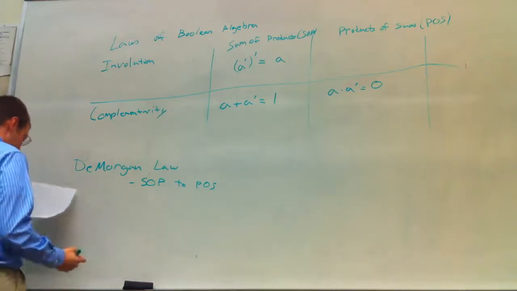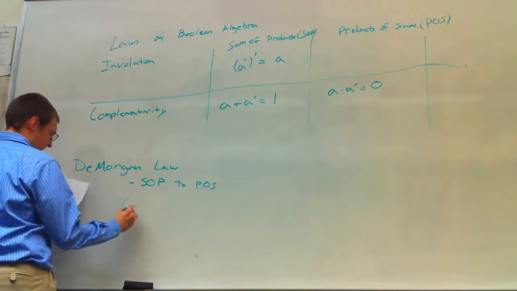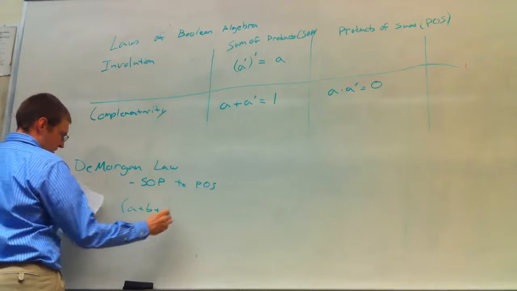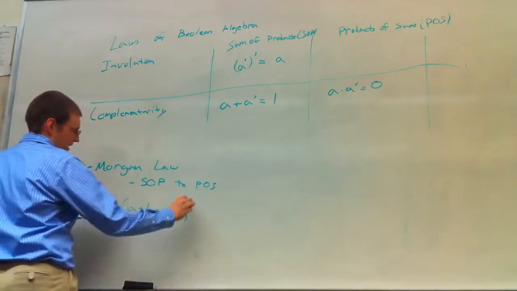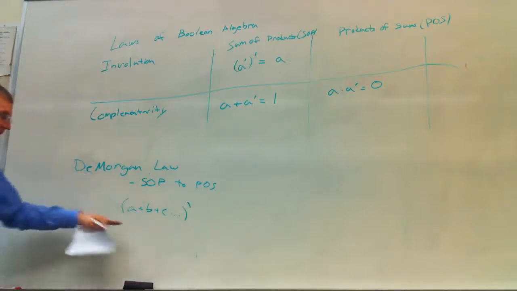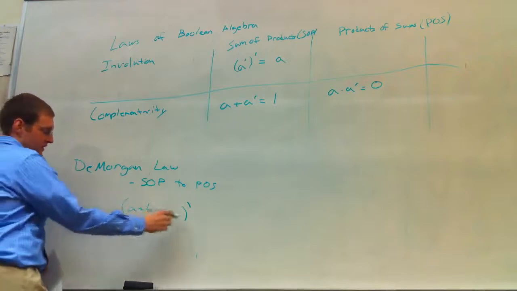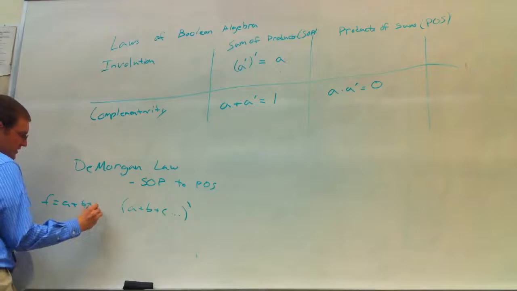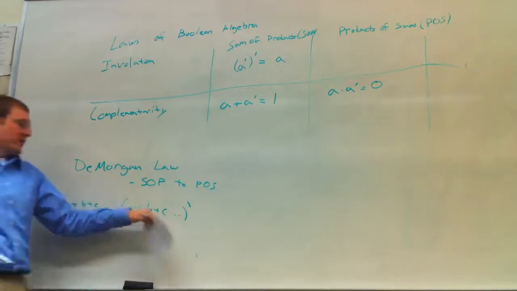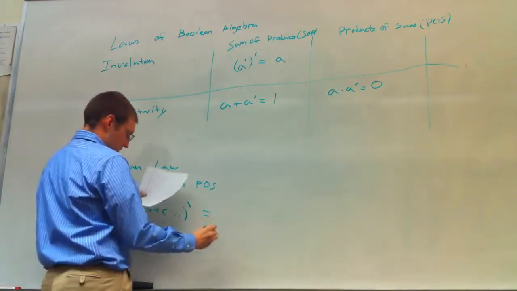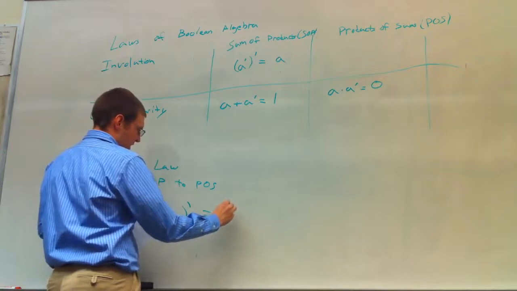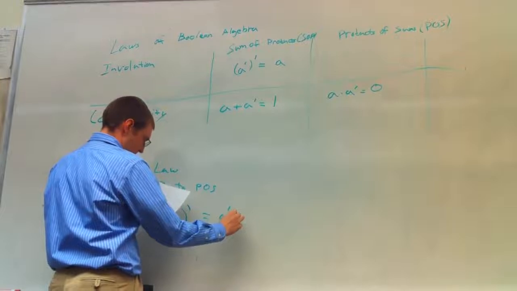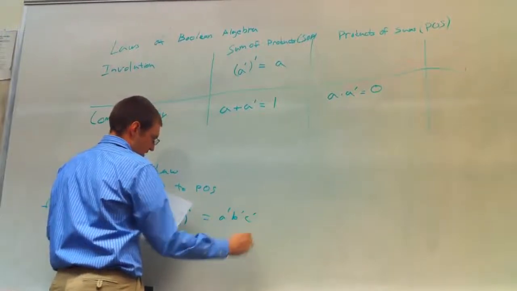So the formula looks like this. A or B or C, and I NOT that whole function. So this is my function in here, F equals A or B or C, and I NOT that function. It equals A not and B not and C not.